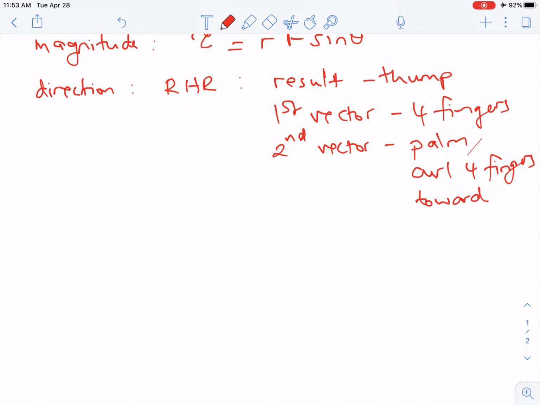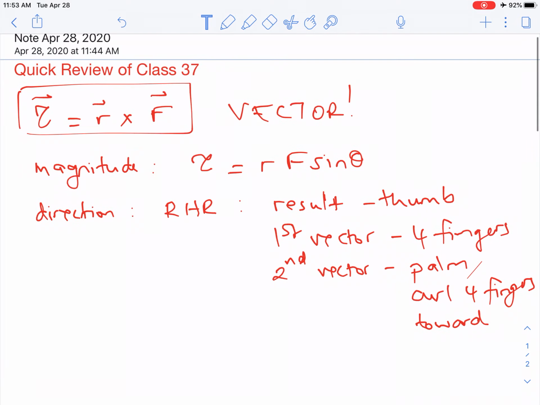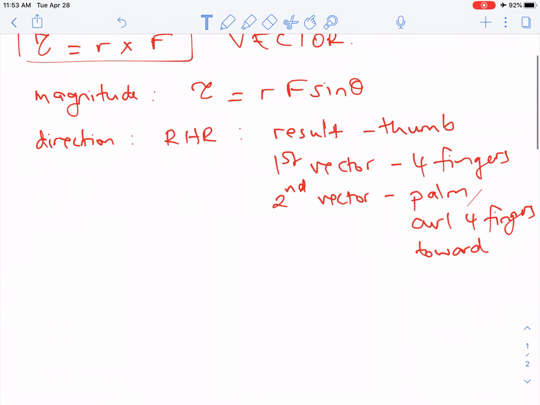Okay, so again, if we do this for torque, torque is going to be the thumb. If you already know what R and F vectors look like, you can point your forefingers along the R vector and then curl them towards the F vector.